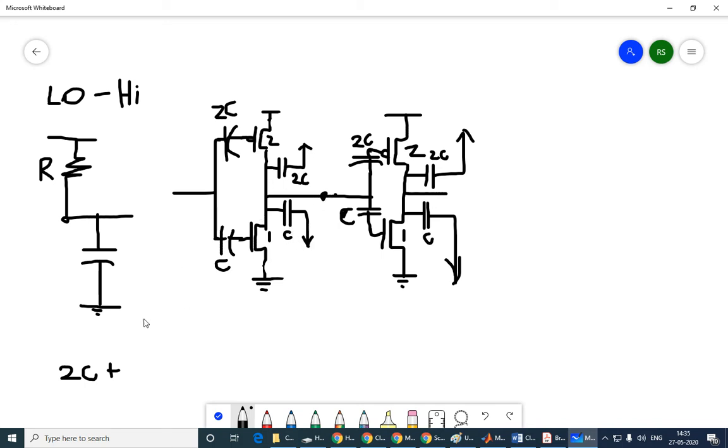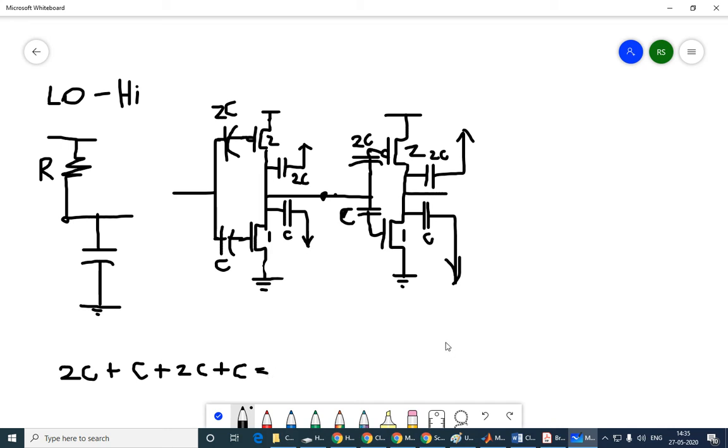So this is 2C which I've written here. So one more capacitance directly I can write is C plus, now we can just forget about the driver circuit, look at the load side. So load side, again this output node is connected to this capacitor, so again 2C plus C, so that is going to be the total capacitance that is connected to the output node.